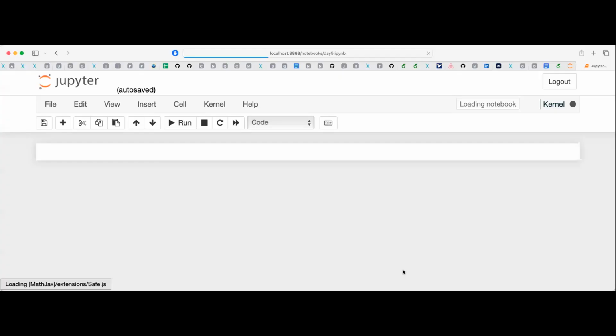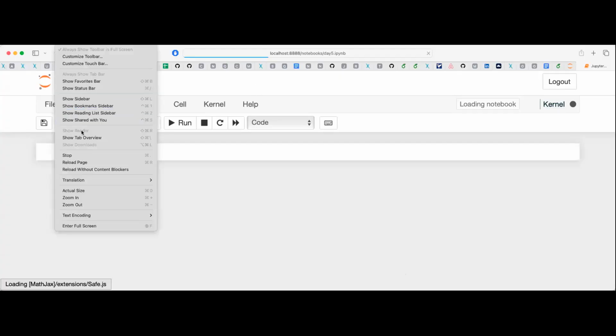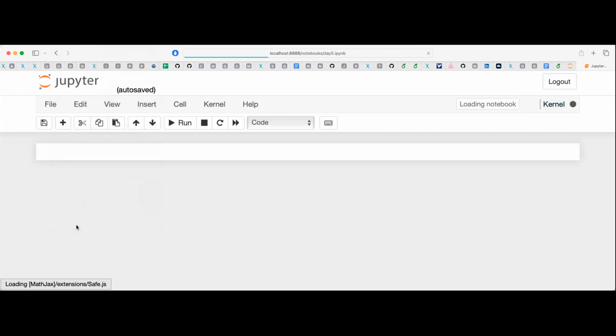I didn't want to share the right screen here, so let's just do that one. And then start the screen sharing. Okay, now those of you online should be able to see the screen again.